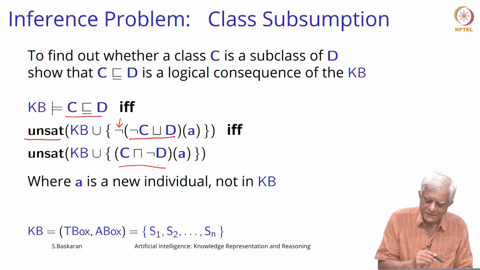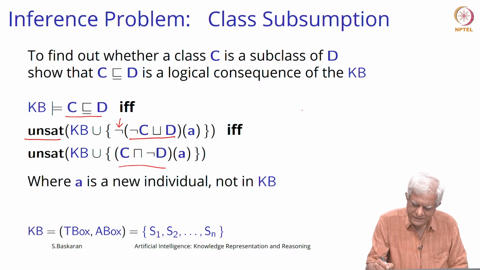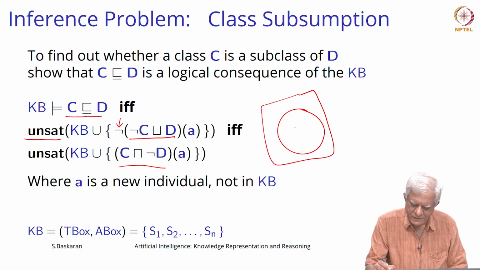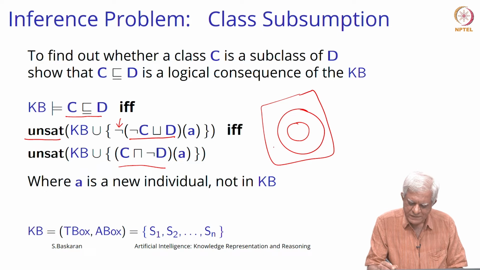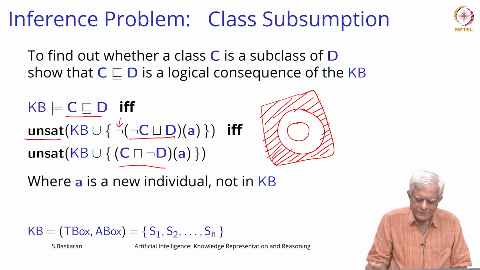So, what does C intersection not D look like? When C is subsumed by D, if this is D, if this is the universe of discourse, and if this is C, then not D is this, everything that is outside D. So, this is the set that I have drawn here.